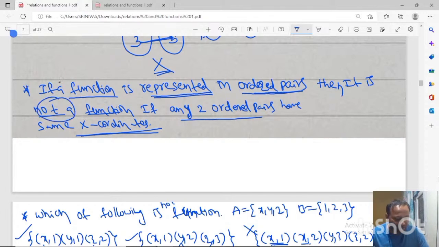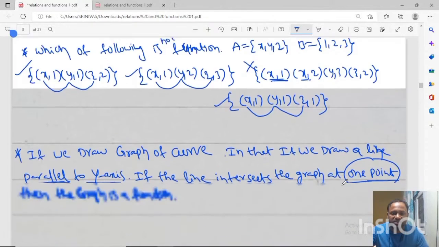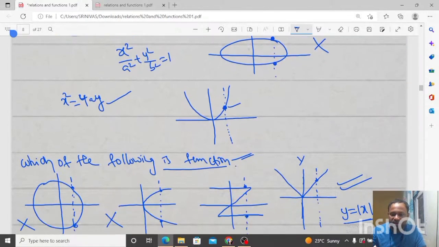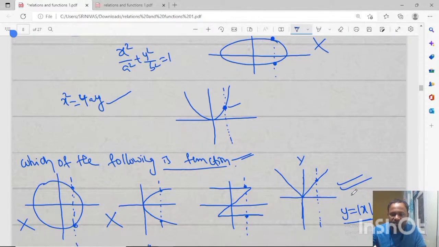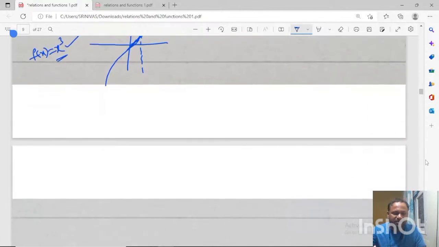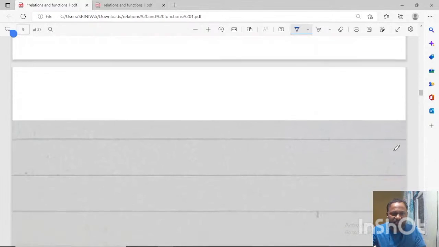This is one of the properties. And second one, if we draw the graph of the given curve, draw a line parallel to y-axis. If it intersects at one point, then it is a function. Clear? Okay. So this is about the functions topic.